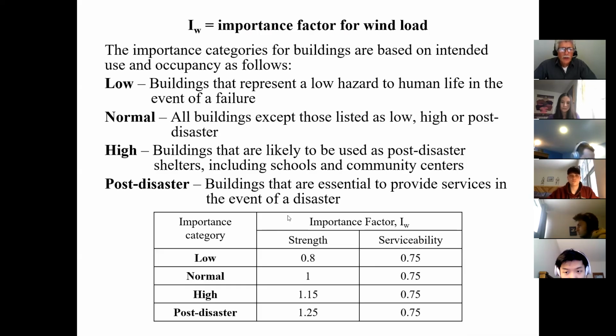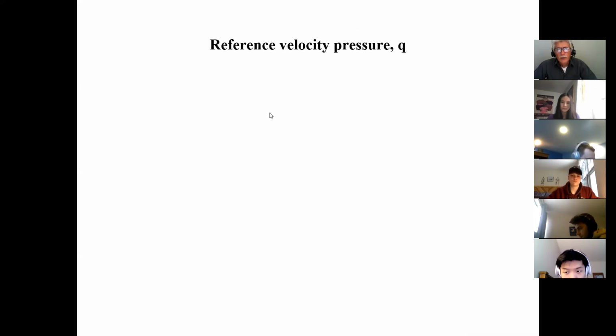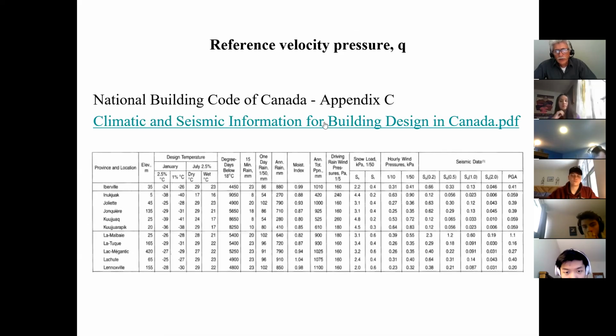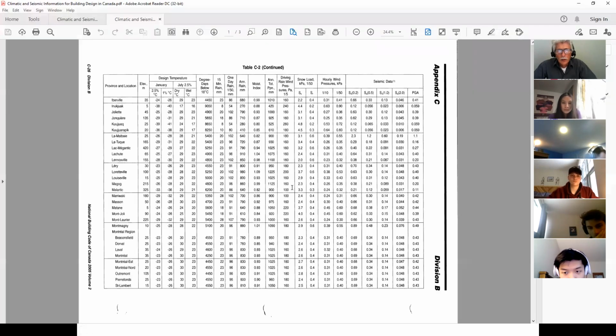So now that we have the IW, like I said, the reference velocity pressure Q, you go to Appendix C, just like we did before, okay? So here are the wind pressures. Now be careful, okay?